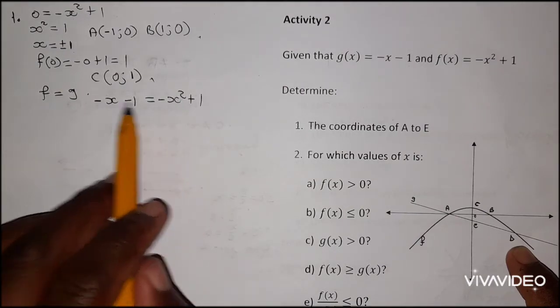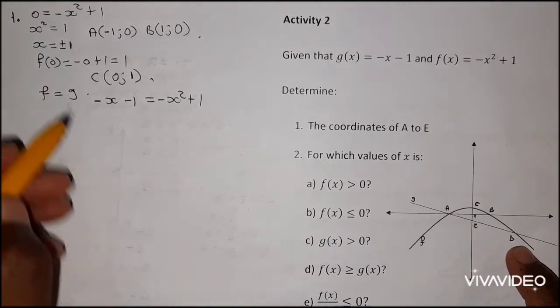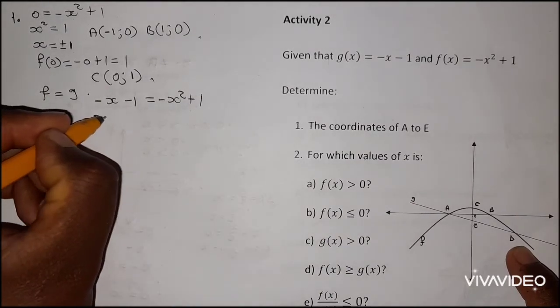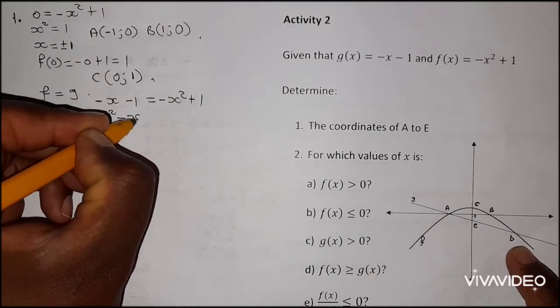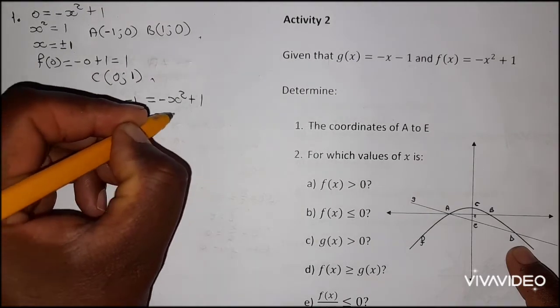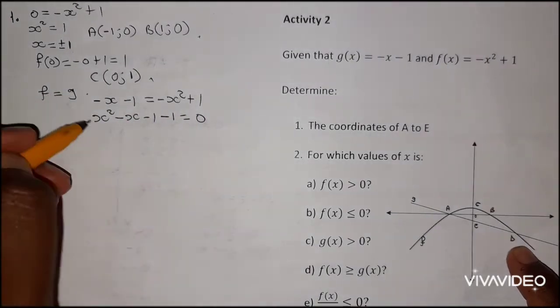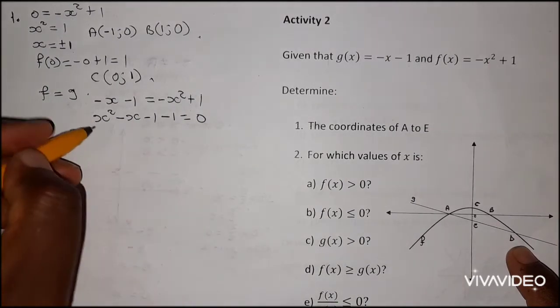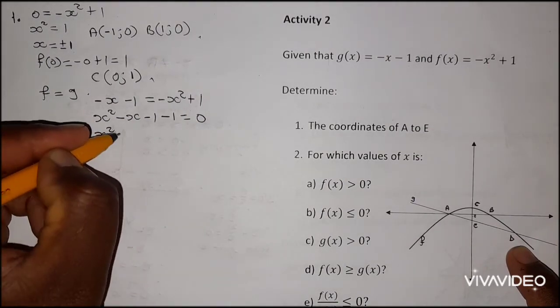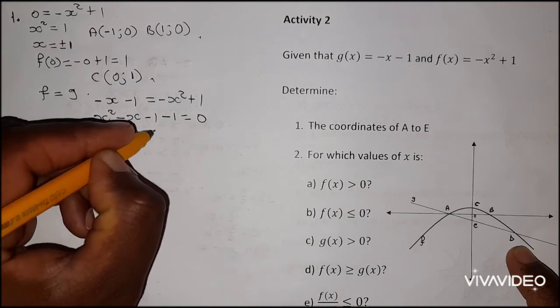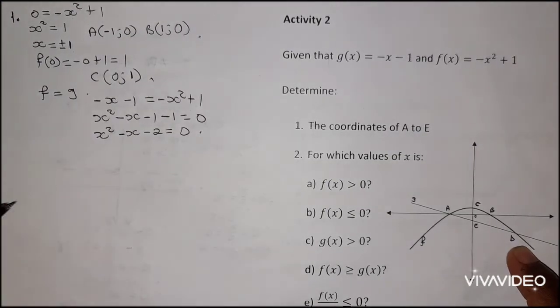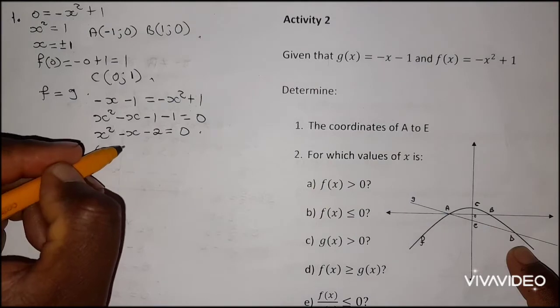To solve this, we take everything on the right to the left side. So we have x squared minus x minus 1 minus 1 is equal to 0. The 1 becomes negative and the negative here becomes positive. So we have x squared minus x minus 2 is equal to 0. And then we solve.